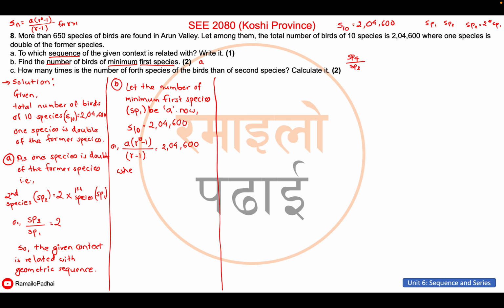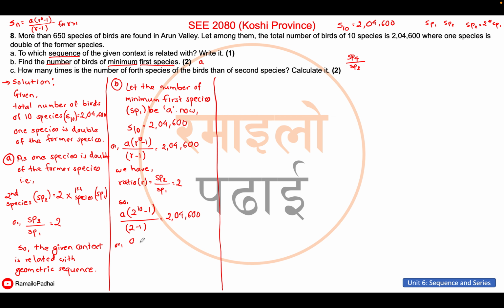We have the ratio r is equal to species 2 upon species 1, which is equal to 2. So a times 2 to the power 10 minus 1 upon 2 minus 1 is equal to 2,04,600.